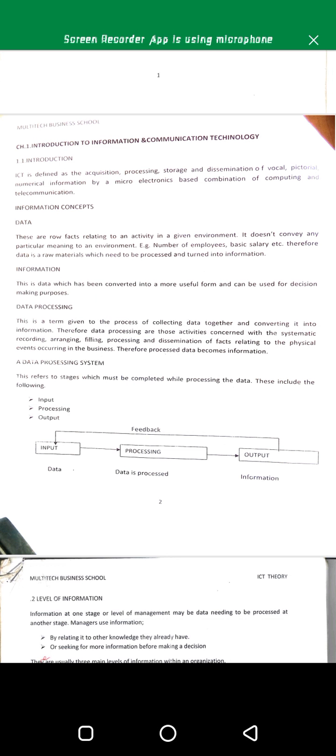So ICT is defined as the acquisition, that is acquiring data, processing, storage, and dissemination of vocal, pictorial, numerical information by a microelectronics-based combination of computing and telecommunication. So that is ICT.